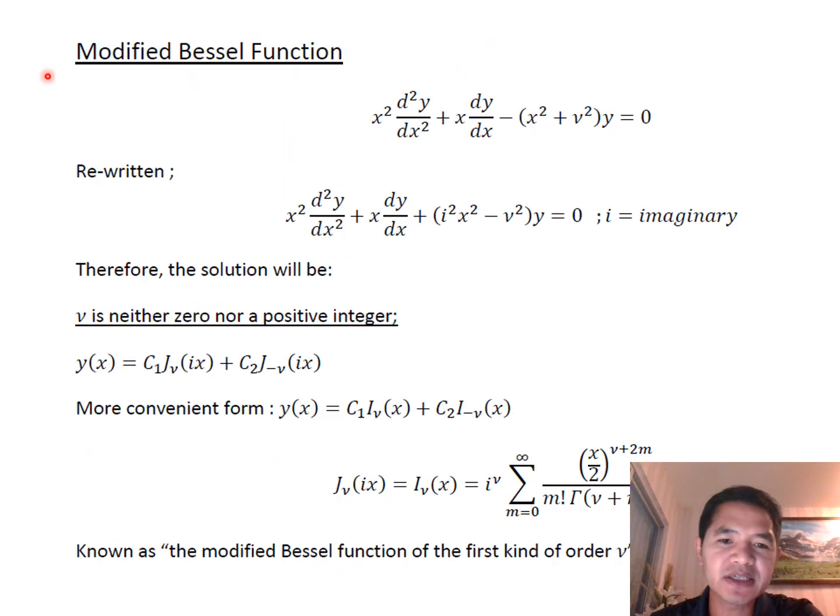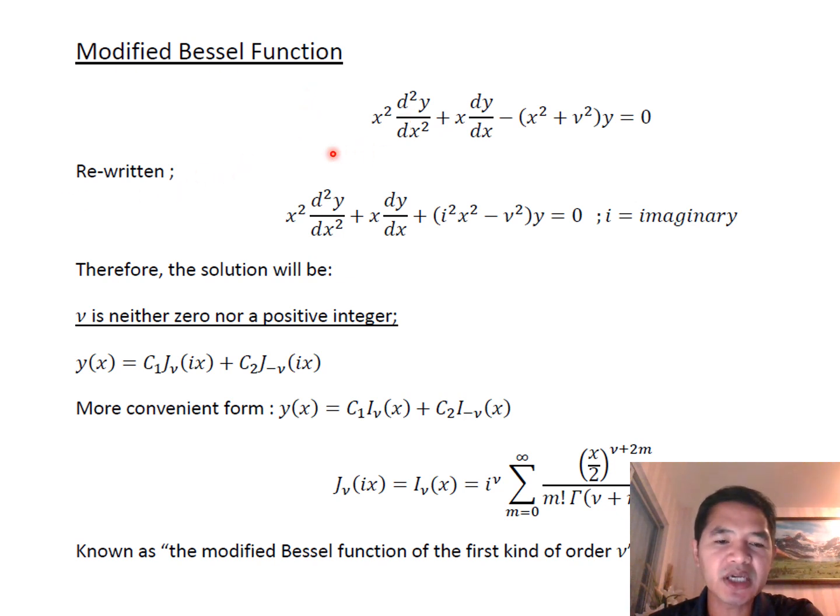There is also the modified Bessel's function, which is when you have a second ODE in this form, similar to the previous slides, but this one has a minus sign here. So whenever you have a second ODE of the form x squared times d squared y over dx squared plus x times dy over dx minus, in this parenthesis, x squared plus nu squared times y equal to 0, this is the form of the modified Bessel's equation.